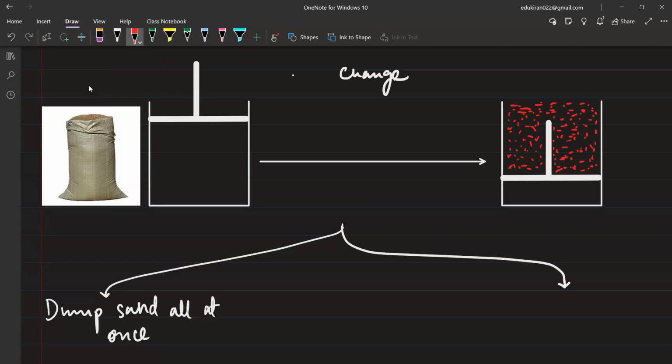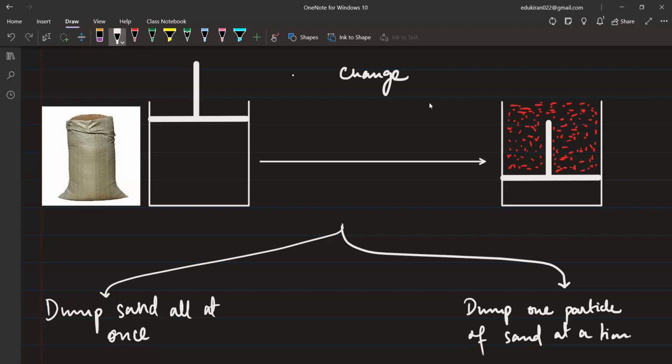That can also happen. Right? Yes, sir. So what I can do is dump one particle of sand at a time.